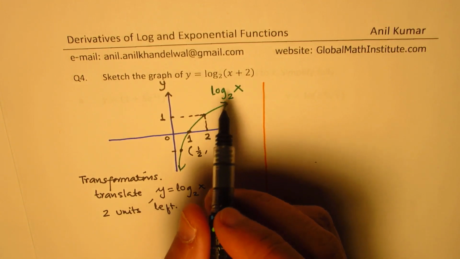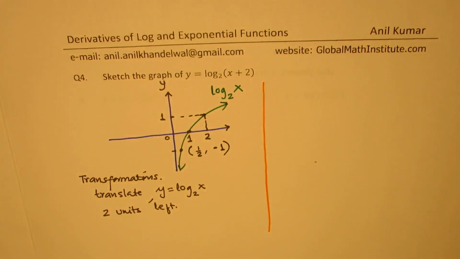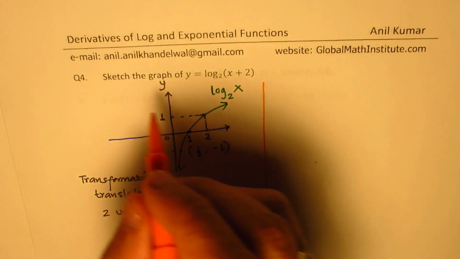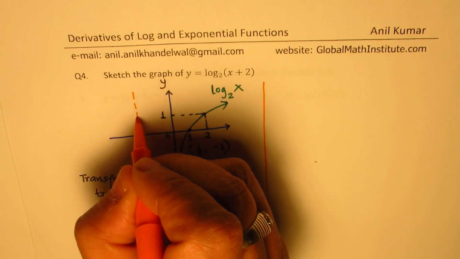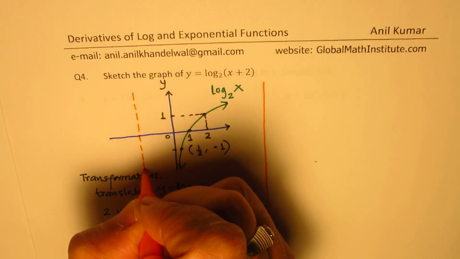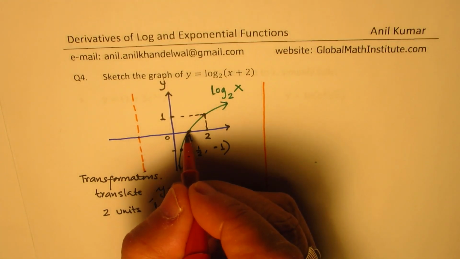Now what I'm doing here is translating the logarithmic function 2 units left. So the vertical asymptote will now move 2 positions this side. So we have this vertical asymptote, and each point will move 2 units.